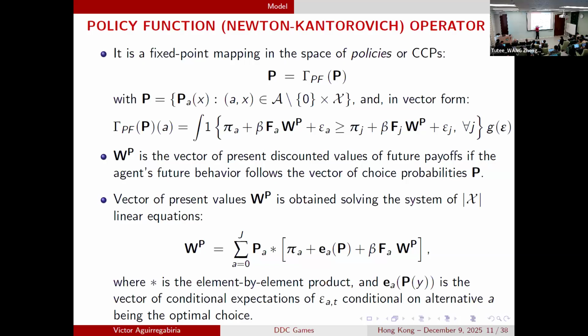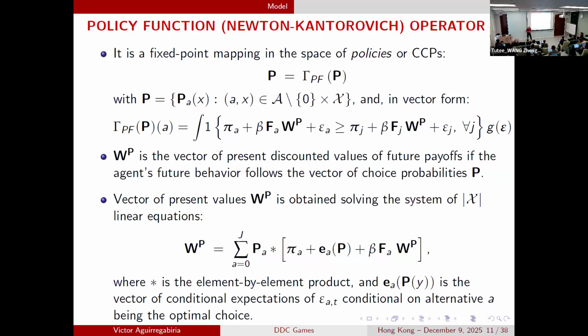These are the vector of expected values of epsilon, given that the action is optimal. In the logit case, this will be the Euler constant minus the logarithm of the probability of choosing alternative one. And this is basically the expected value next period if the vector of values is that.